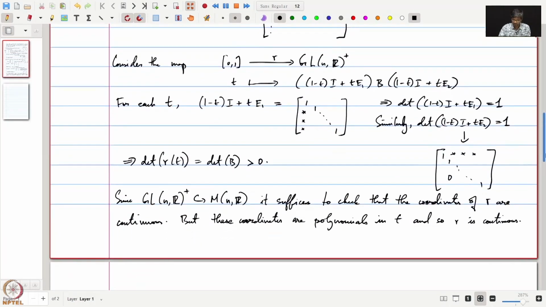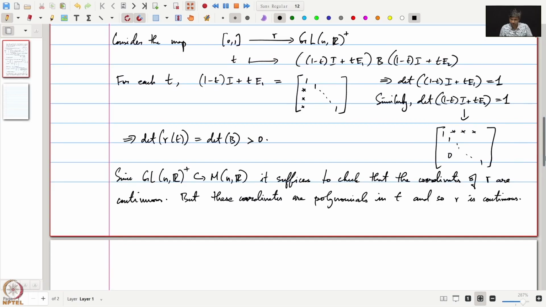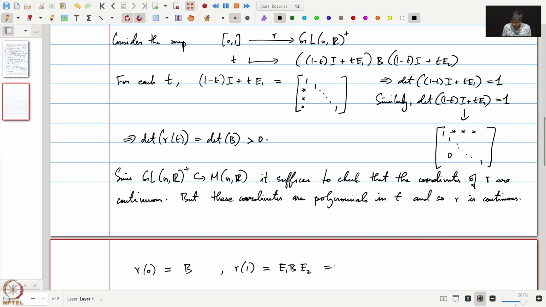So, we have this path from [0,1] to GL n R plus. Now, gamma of 0 is equal to B, we can check easily, and gamma of 1 is equal to E1 B E2, which we know is a matrix of this type.